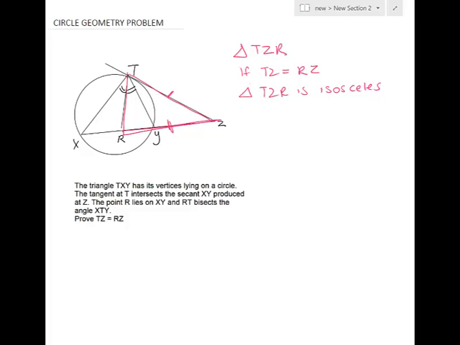So let's look at properties of isosceles triangles. One of the main properties of isosceles triangles is that the base sides are equal, and that's actually what we want to prove: that TZ is equal to RZ. And base angles are equal.